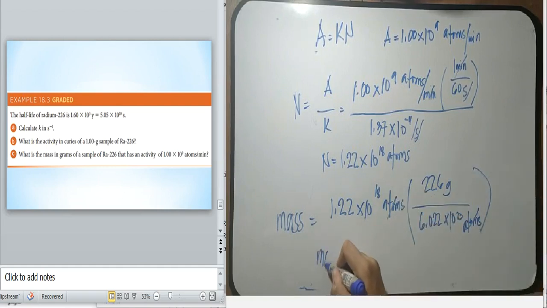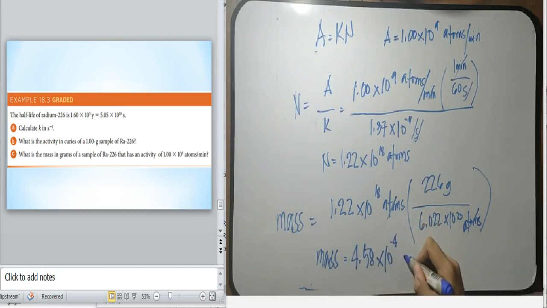So our mass will be 4.58 times 10 raised to negative 4 grams.